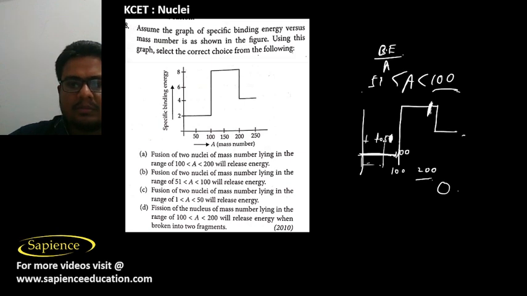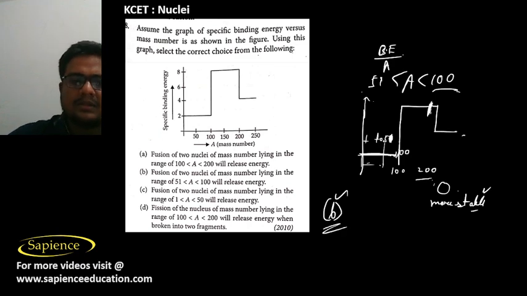When this fusion happens, it will form a more stable nucleus, and when a more stable nucleus is formed, it means it has more specific binding energy, and it will release energy. So option B is the correct answer.